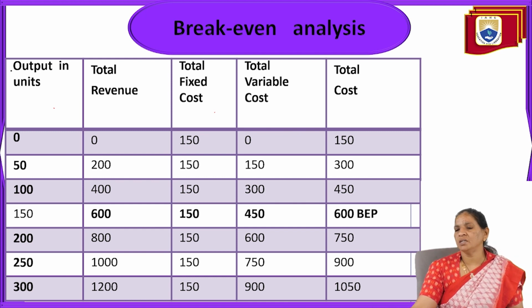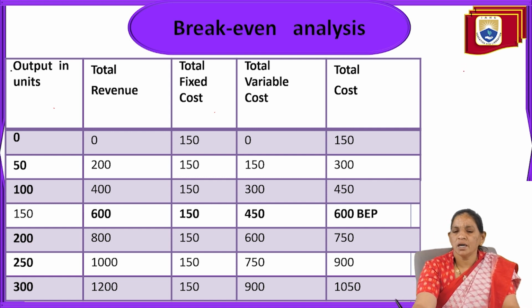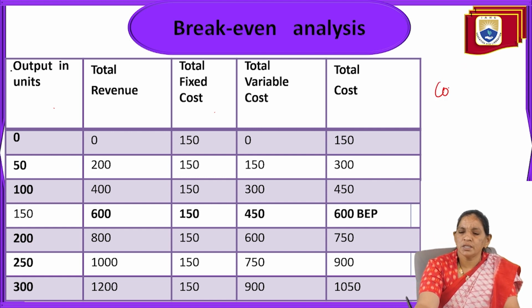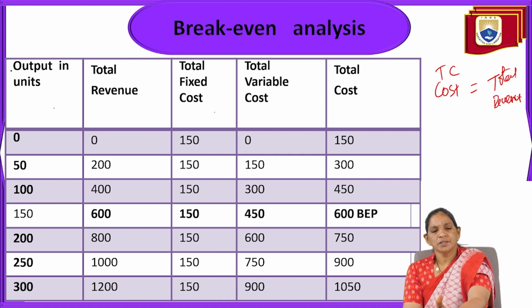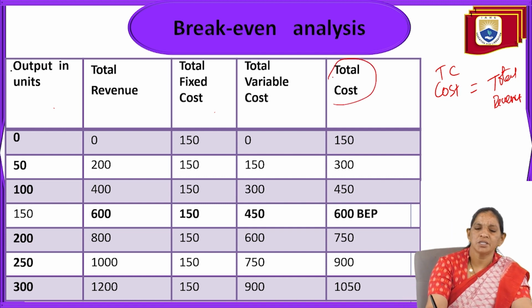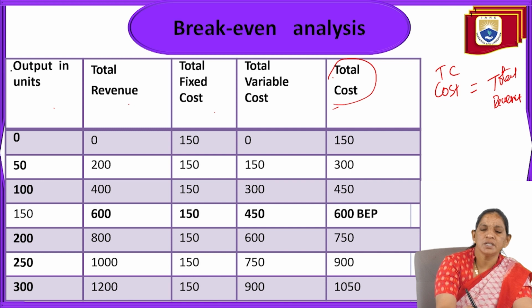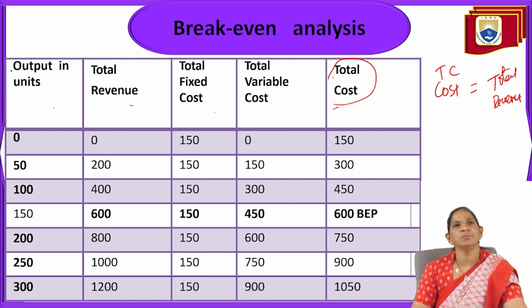Our main assumption to achieve the break-even is that the total cost must be equal to the total revenue. That point we will consider as the break-even.